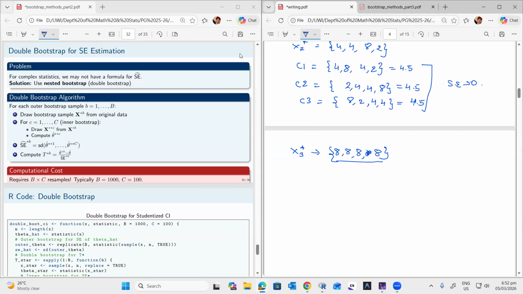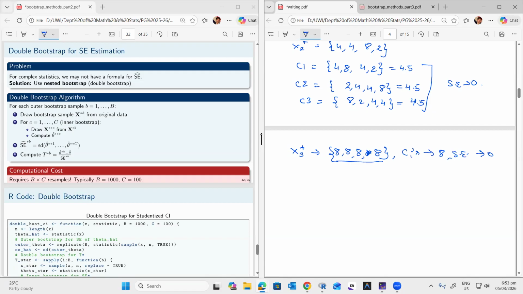Yes, it is possible. So whatever C1, C2, C3 I take, for all CIs the mean will be 8 only, and at that time the standard error will be 0. So the possibility is there. So all permutations still give the standard error 0.